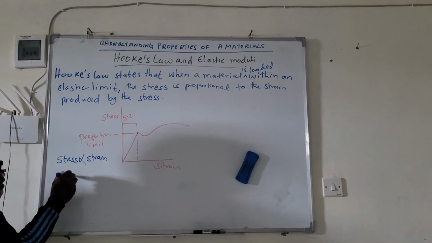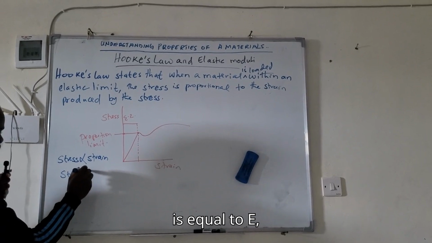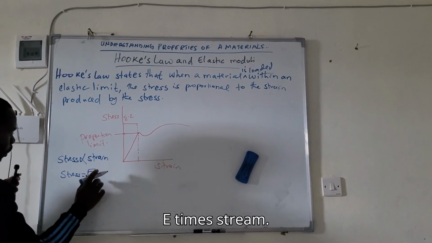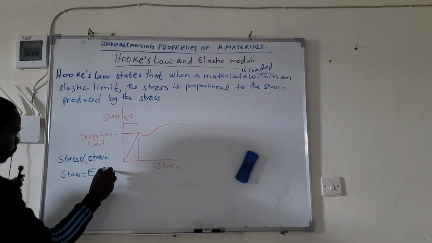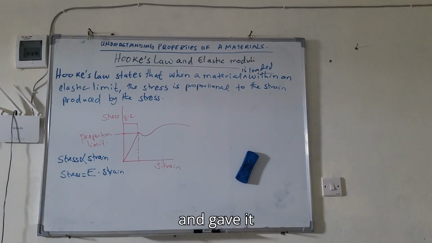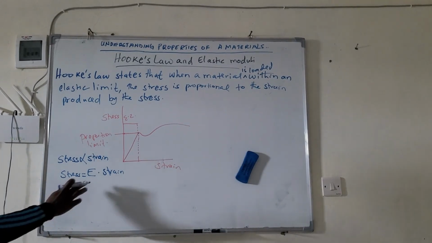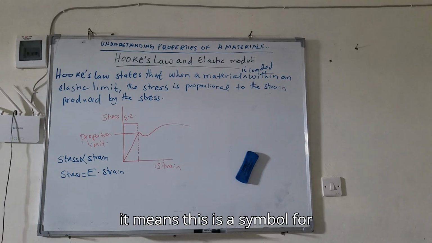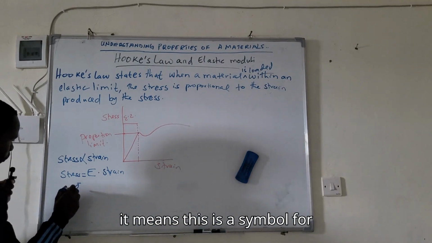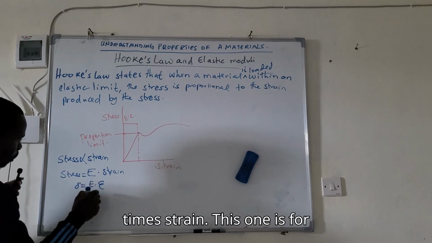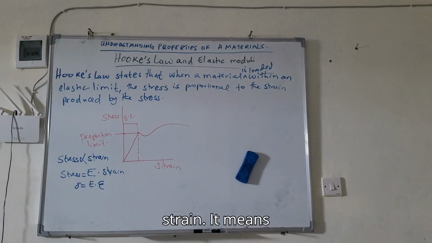So if we say stress is equal to E times strain, I have just introduced a constant and given it E. So if stress is equal to E times strain, this is the symbol for stress, E times strain, and this one is for strain.